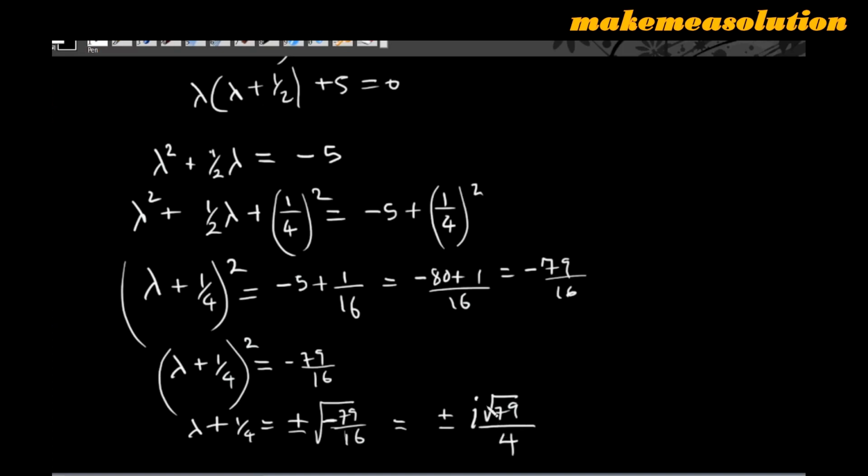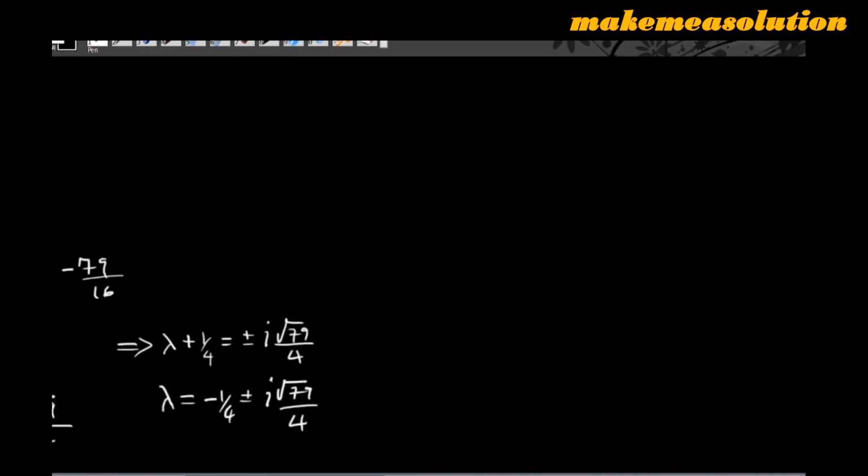So it implies that our lambda plus 1 over 4 is equal to plus or minus i root 79 over 4. Therefore, our lambda is equal to minus 1 over 4 plus or minus i root 79 over 4. So this is a complex eigenvalue, okay? Complex eigenvalues. So we're going to continue.